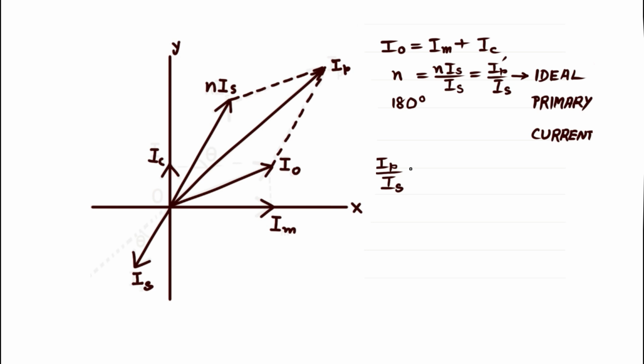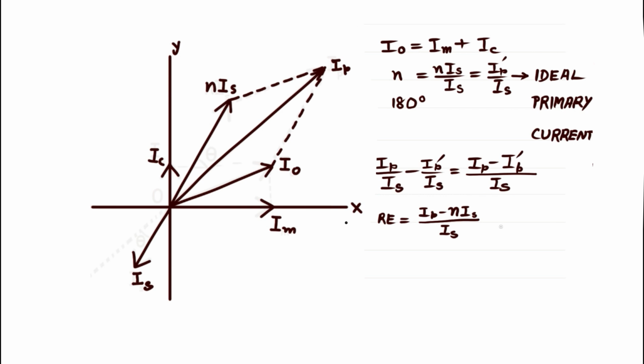So the difference between the ratio IP over IS and IP prime over IS is IP over IS minus IP prime over IS equals IP minus IP prime over IS equals IP minus N times IS over IS. This is the ratio error.